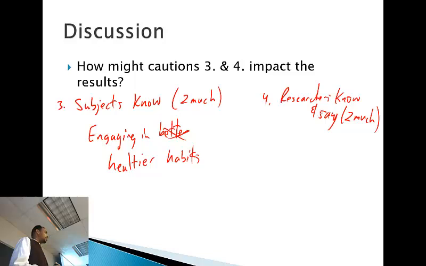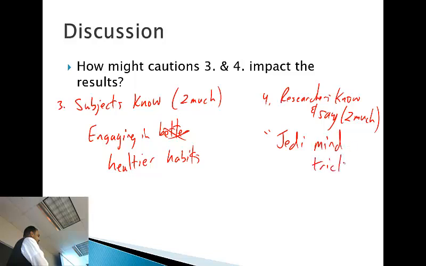"No, oh, that's too bad." So the researcher can play the so-called Jedi mind trick, and basically say things that can lead the patient to believe one way or another that their condition is either improving or not improving. So you've got to watch out for that Jedi mind trick.